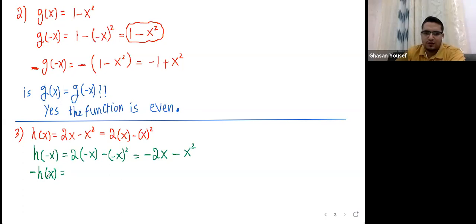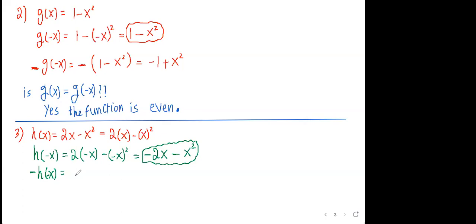Now who will do the third one, minus h of minus x? Just multiply this thing here by minus. It's not hard. I could do it.